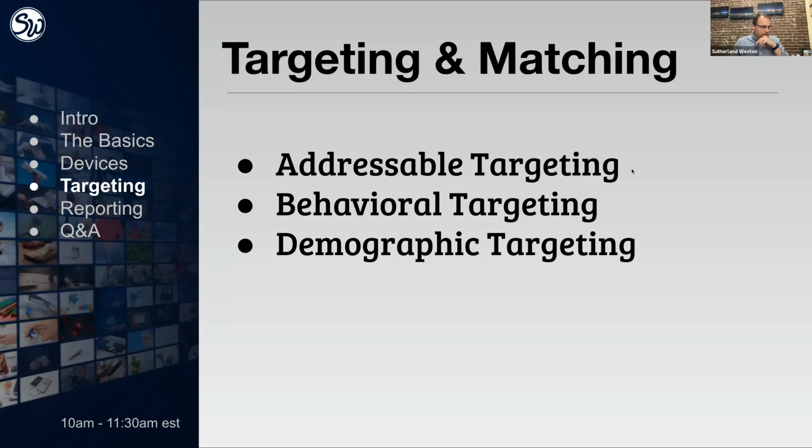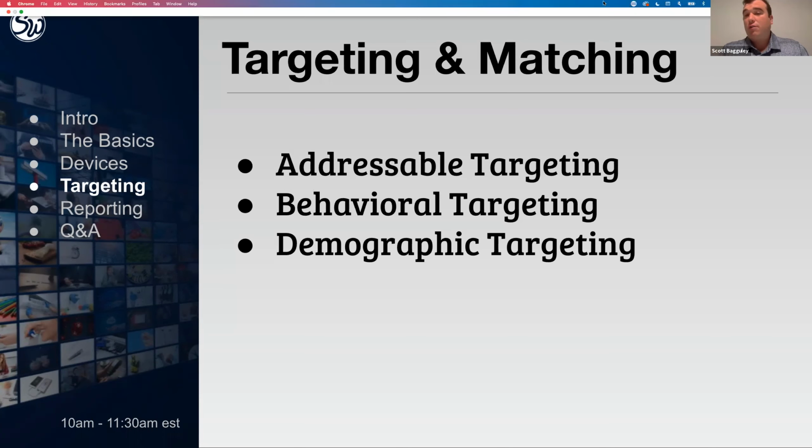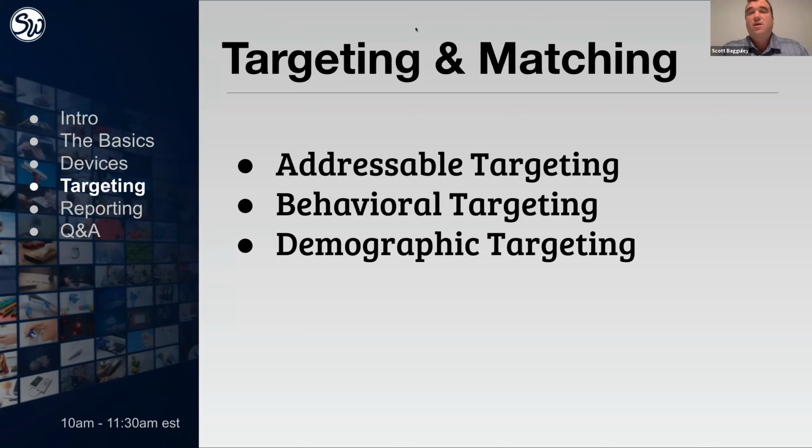Talk to me about some of the experiences you've had then putting addressable, behavioral, demographic together. Can you give me some real world experiences on how this has worked for other clients and some of the things that's been done? Yeah, so we work with a lot of universities. This would be one big example. Overlaying all three of these happens very often. We're targeting specific neighborhoods local to the university.